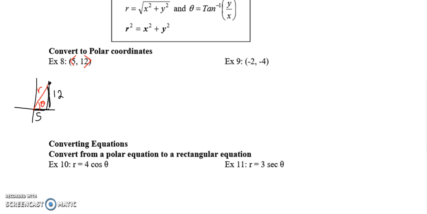Let me get rid of those. There. So r turns out we could read this as 13. Theta would be the inverse tangent of 12/5.